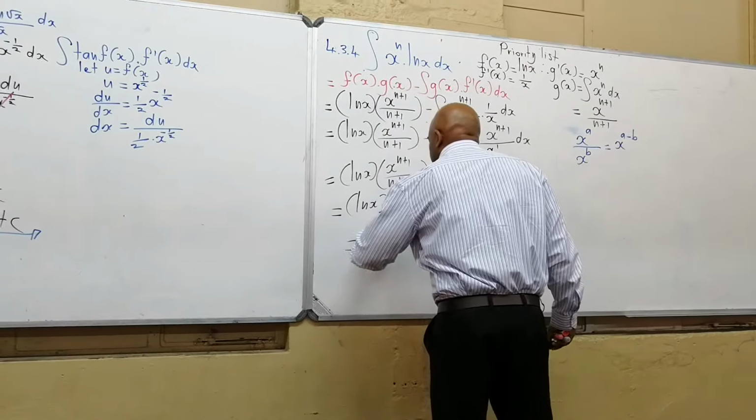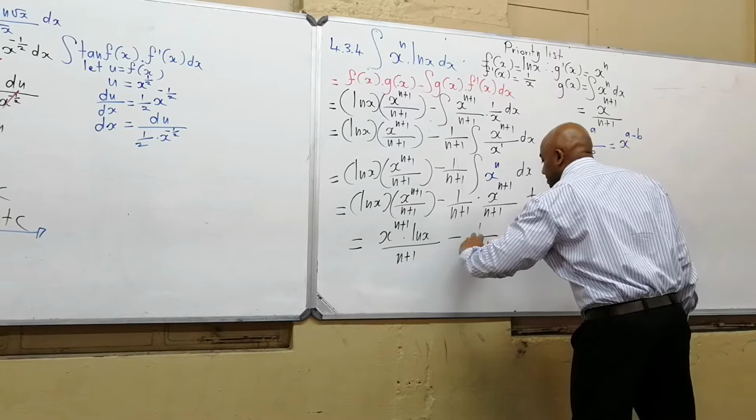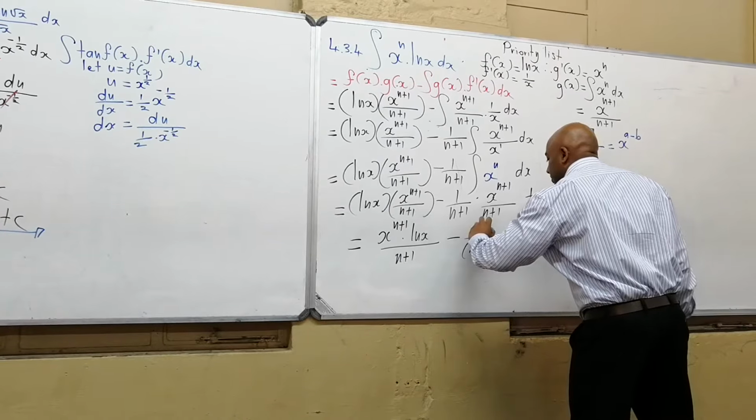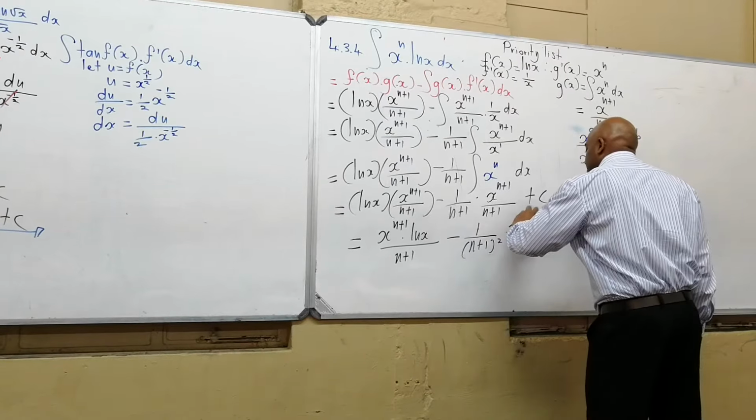And that's going to be x to the power n plus 1 times ln x over n plus 1 minus, we got n plus 1 times n plus 1 in the denominator, which is n plus 1 all squared, times x to the power n plus 1, plus c. So that was integration by parts. There is one like this in the textbook, but it came out also in the exam. You can see this.